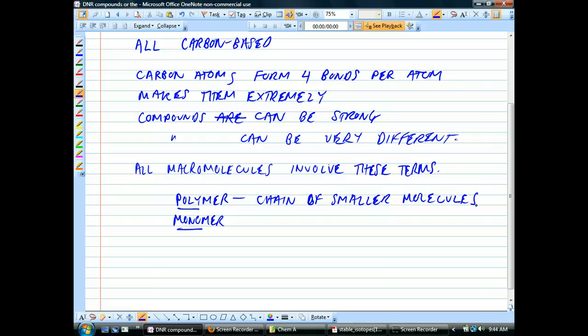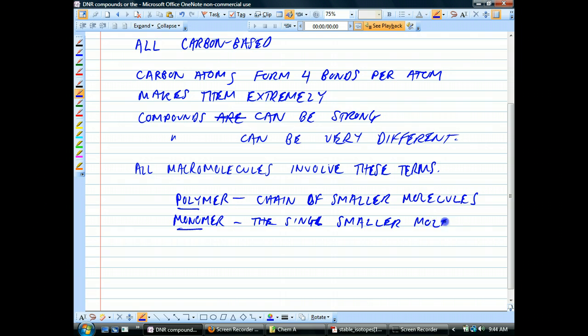In this case, this whole string would be a polymer, and then the monomers would be each individual gold ball. Follow me? So the monomer is that little gold ball, and the polymer is the whole string. Okay? Polymer, monomer. Just think monologue, right? It's one person talking. So mono is one, poly is many. Monomer is the single smaller molecules.